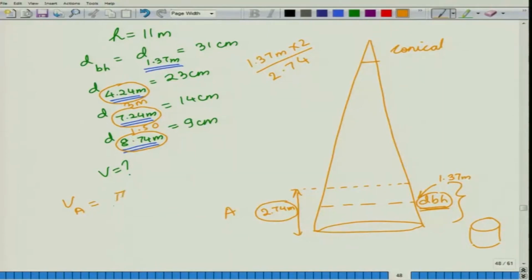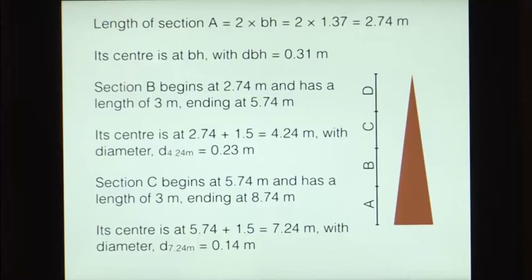The volume would be pi by 4 d square h, which in this case would be pi by 4. Here d in the central location is dBH, which is 31 centimeters, so 0.31 meters square into height 2.74 meters. So, this would be the volume of section A.